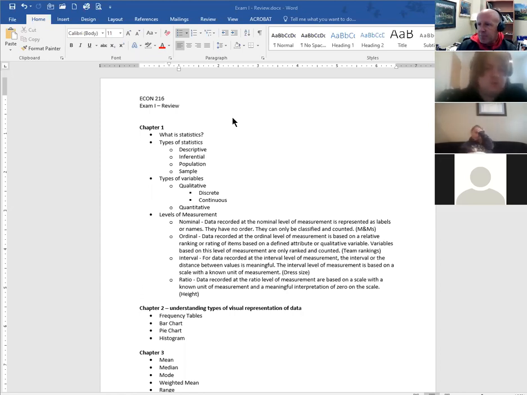So quantitative being discrete or continuous. We could look at discrete variables or discrete information like the number of children in a family, for example. You know, we laugh and say that the average number of children per family is 2.2, but no individual family has 2.2 kids, right? So those are more averages.